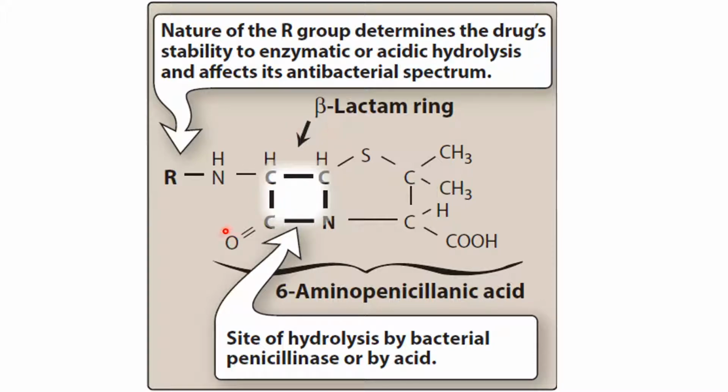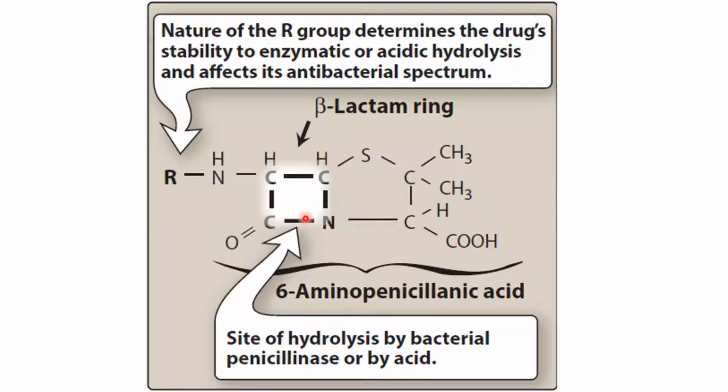This beta-lactam ring is essential for the activity of the drug. Also, this bond is cleaved by bacterial penicillinases or by acid, and that will destroy the ring and also the activity of the drug.